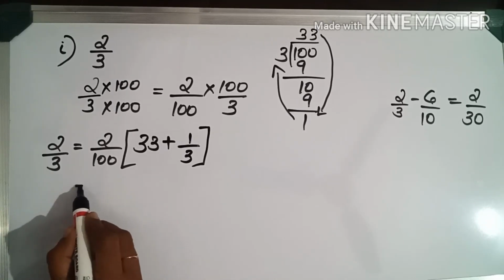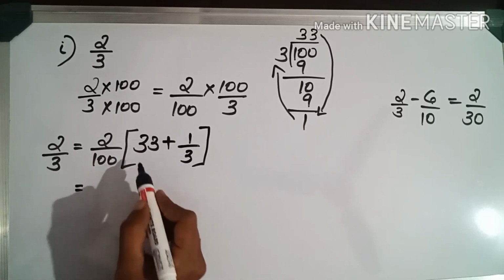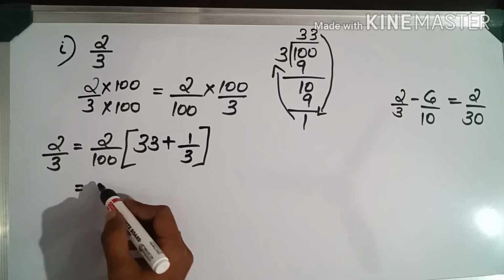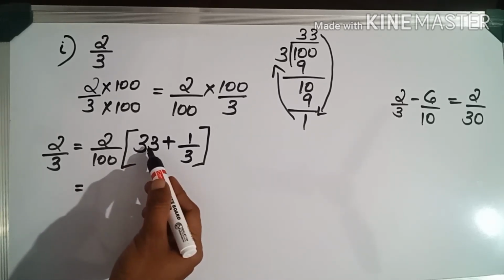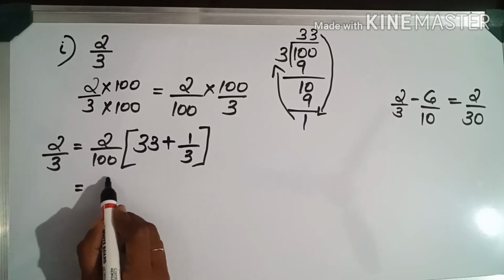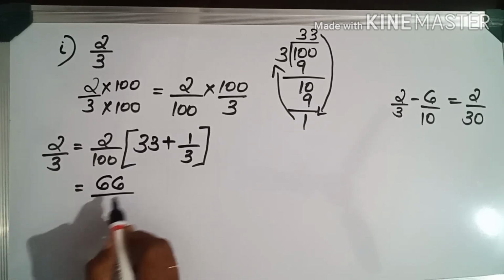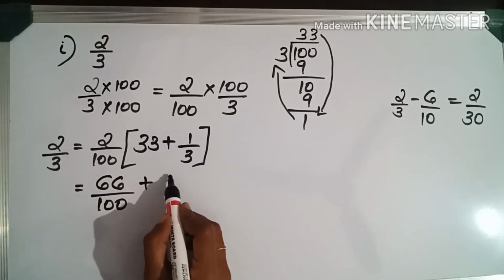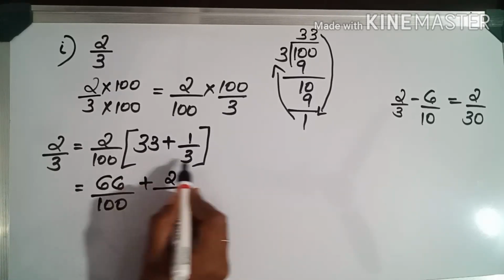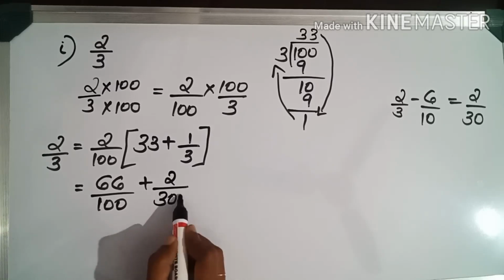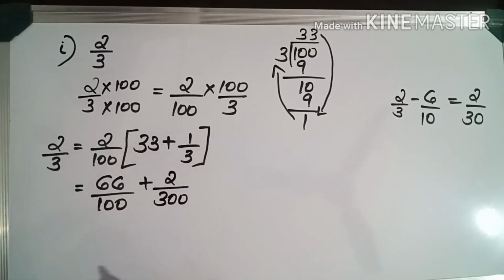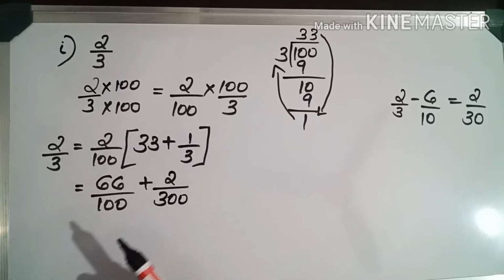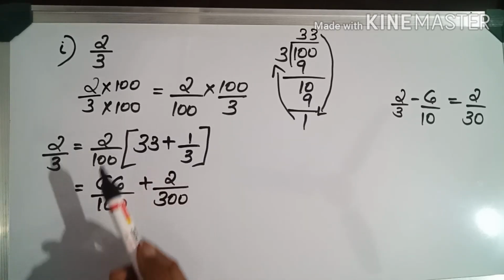Now in the next step, bracket opening, that is 2 by 100 into 33. That is 2 into 33, which is 66 by 100, plus 2 into 1 is 2 by 100 into 3, which is 300. I just avoid one step, because it is clear from the previous step, just multiplication.